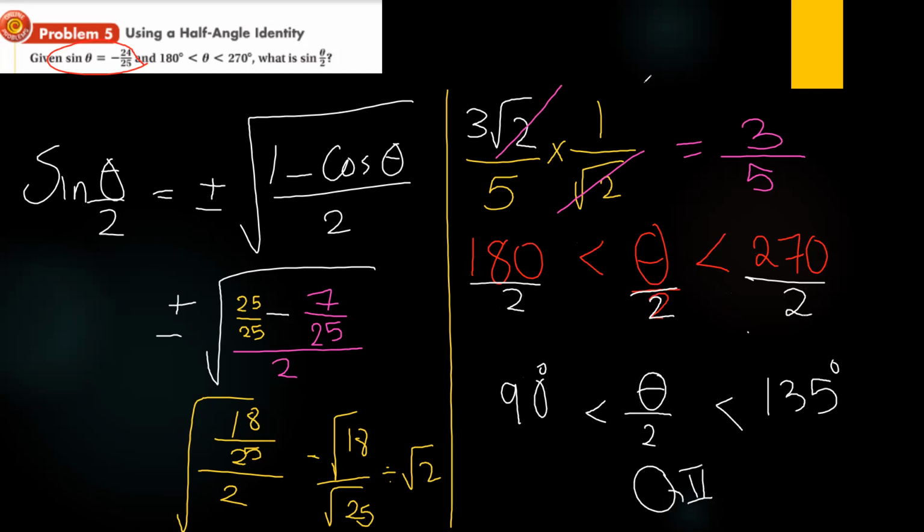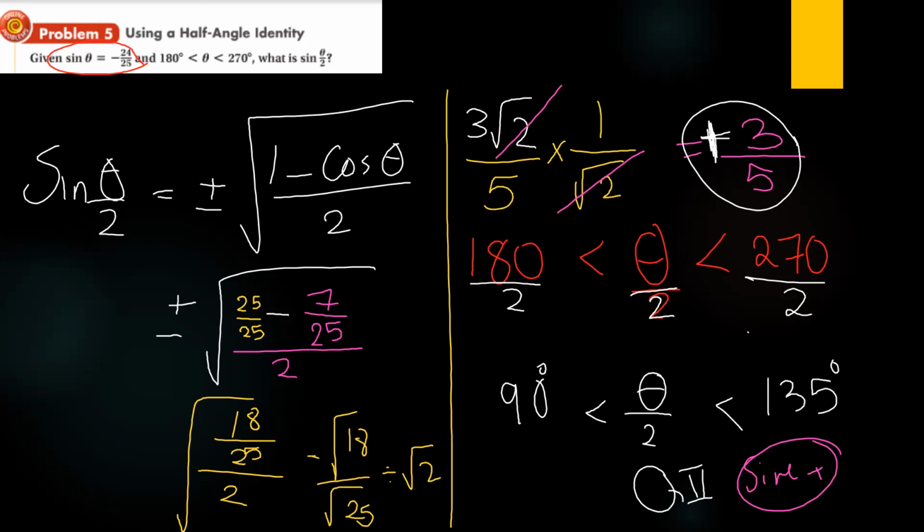And all of us know that in quadrant 2, the sign is positive. So that means here, my answer must be positive. Is it clear? Do you have any question?